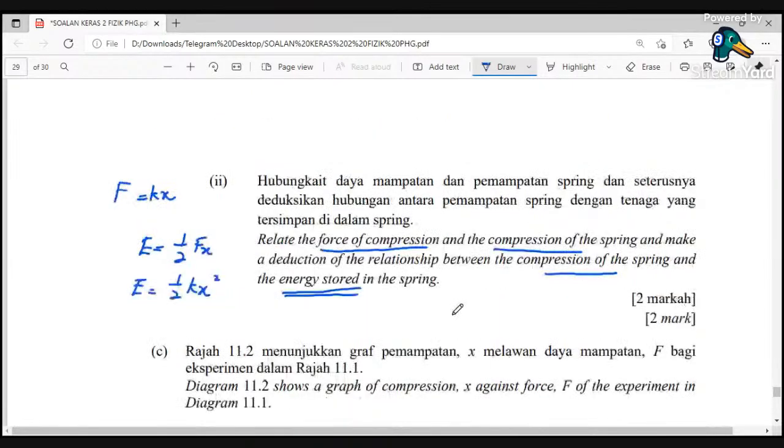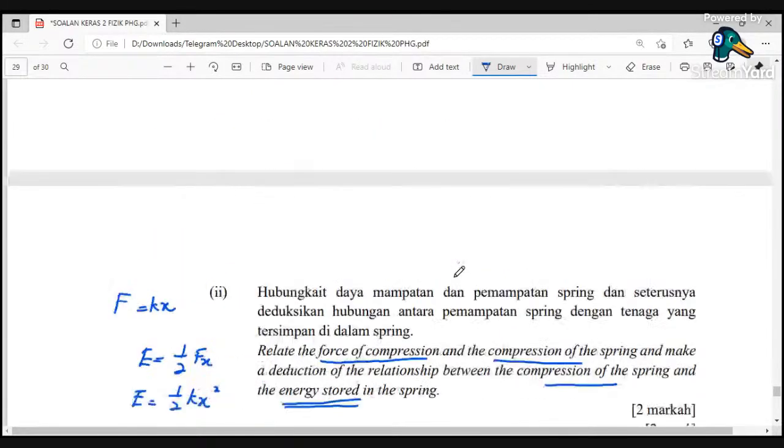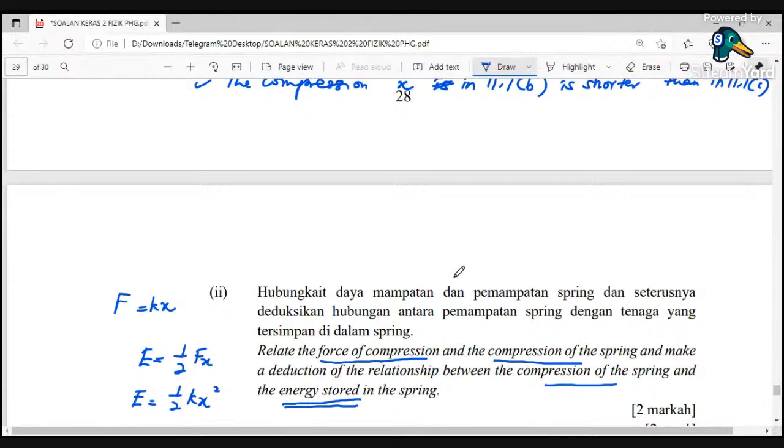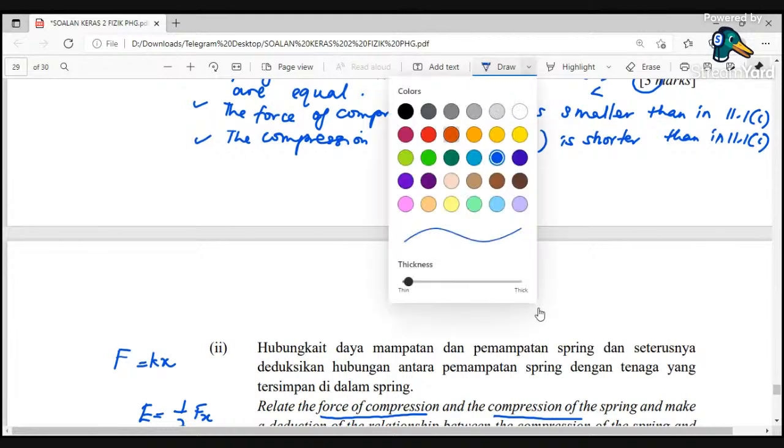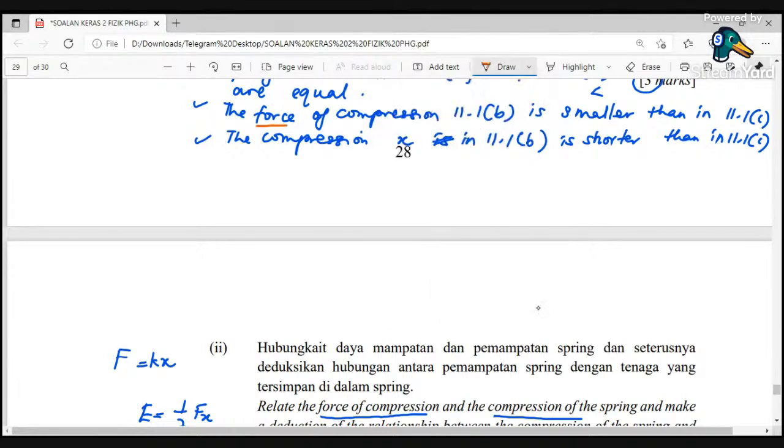Okay, now we want to relate. So, itu function comparison tadi ya. Kenapa saya tulis tadi? Force of compression. Okay, you can see force of compression smaller, compression shorter. Maksudnya smaller, shorter.